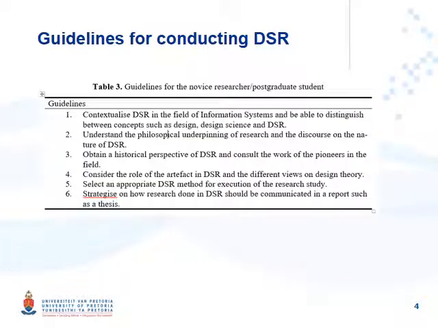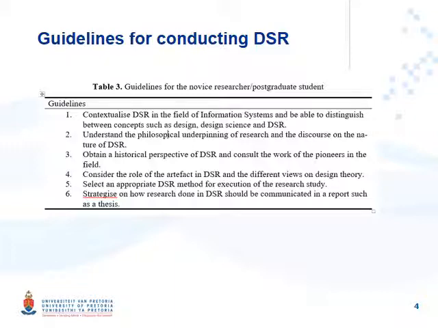So from there, we identified 6 different guidelines that you can use while you are busy with a design science research project. The first guideline is about contextualizing design science research in the field of information systems and being able to distinguish between concepts such as design, design science, and design science research. Secondly, you need to understand the philosophical underpinning of research and the discourse on the nature of design science research.